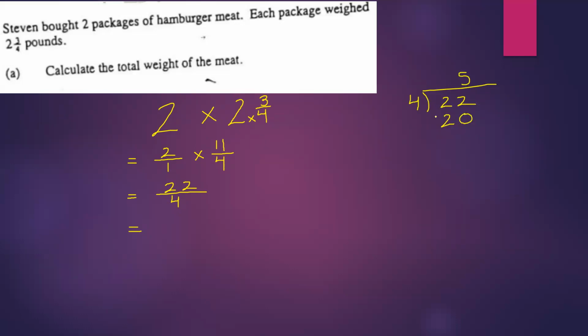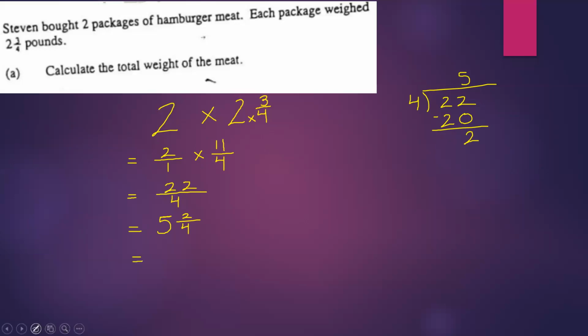It would be 5 and 2 over 4, since 22 minus 20 is 2. Now, are we done?